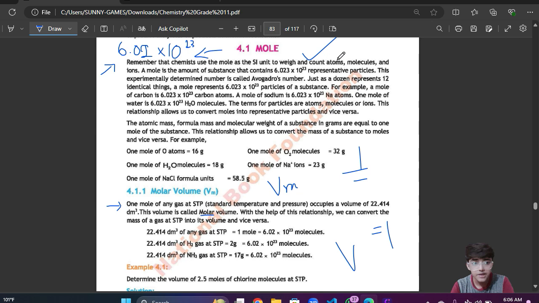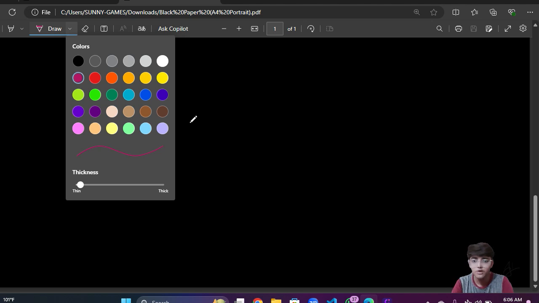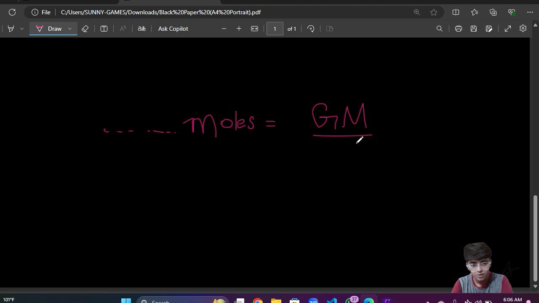Now, what will be an initial formula for this? I have a black screen for you guys. So the initial formula would be number of moles equals to... In mole it was given mass in grams upon molar mass, but we have a few changes in it.